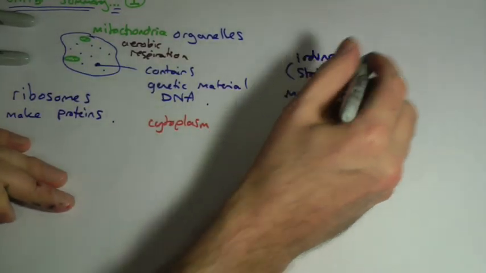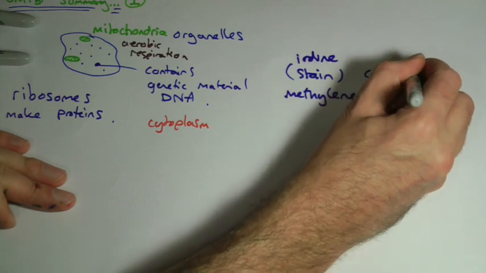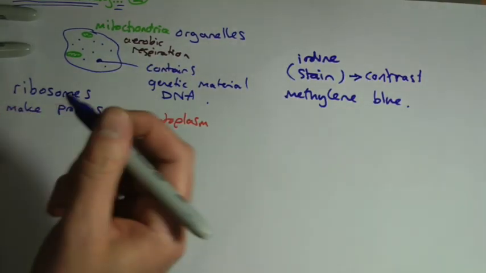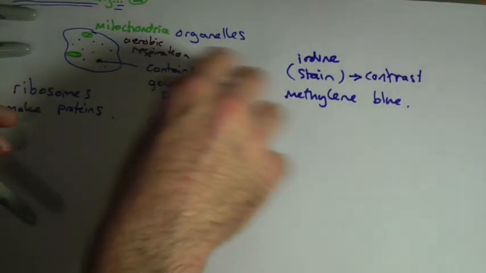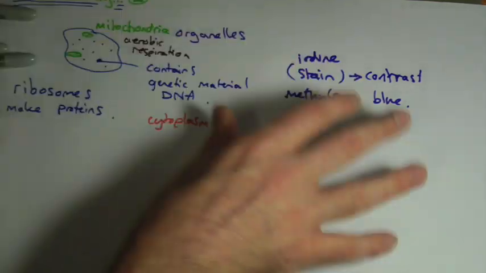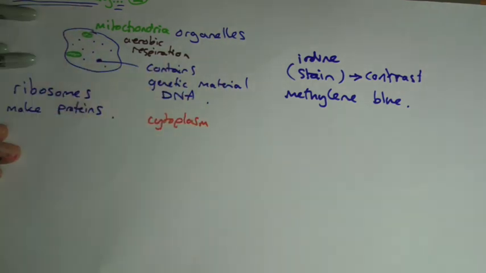And a stain is used to increase contrast. Contrast means being able to see different colours. If everything looked the same colour, or colourless, like it usually does, you can't really see a whole lot. If parts of the cell start to be different colours, it stands out.